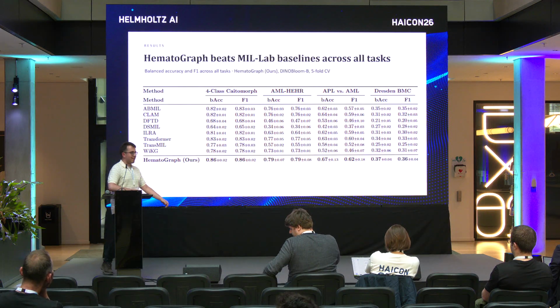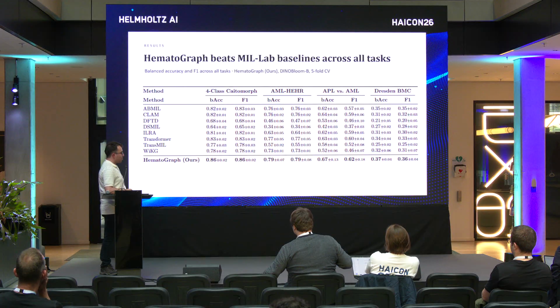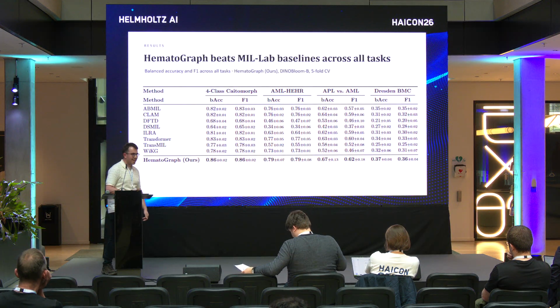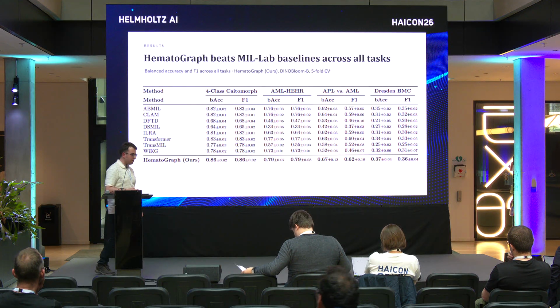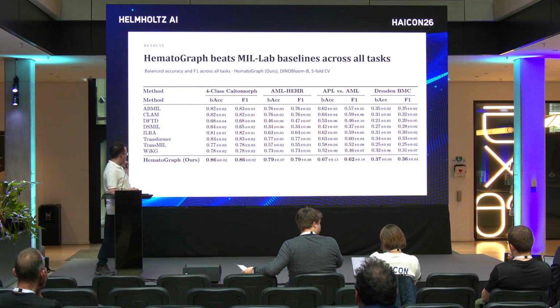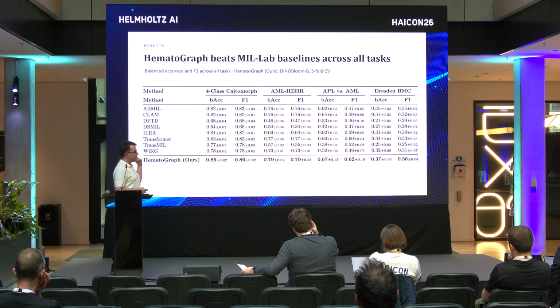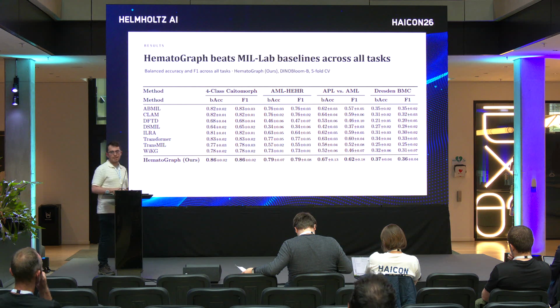Okay, then the results. We compared our methods with almost all of the fundamental aggregation methods across computational pathology, and we showed that there is a consistent improvement across the hematology data sets.